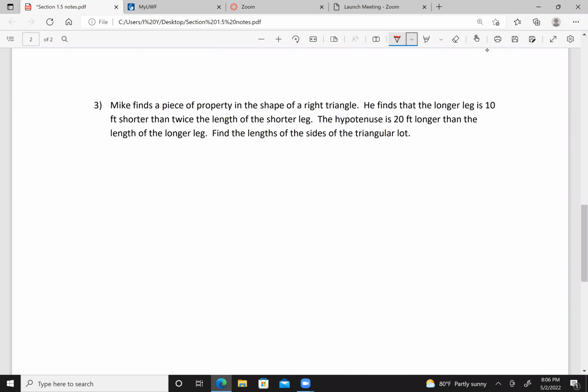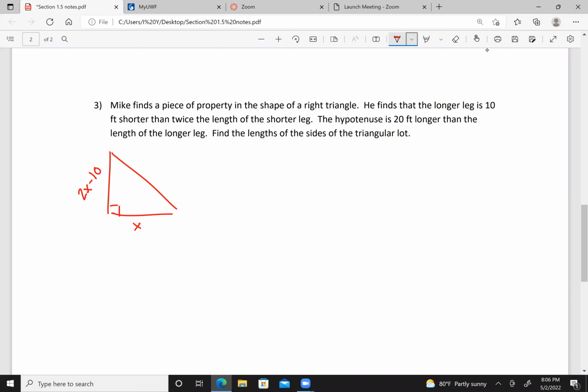Mike finds a piece of property in the shape of a right triangle. He finds that the longer leg is 10 feet shorter than twice the length of the shorter leg. Okay, so if we call the shorter leg x, then the longer leg is 10 feet shorter than twice the length of the shorter, which would be 2x minus 10.